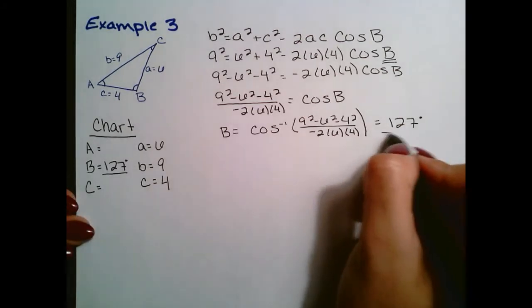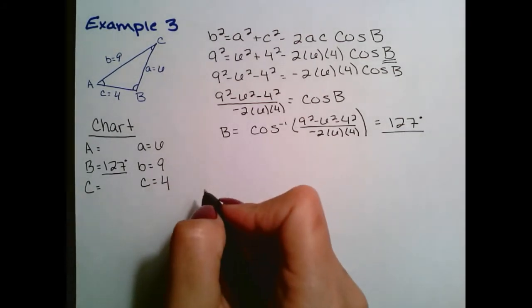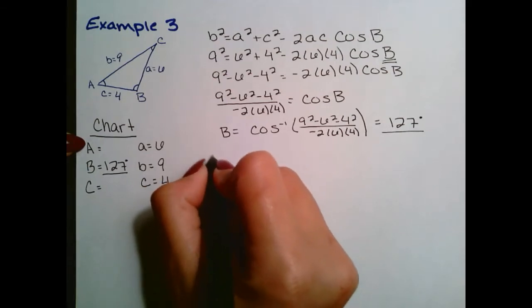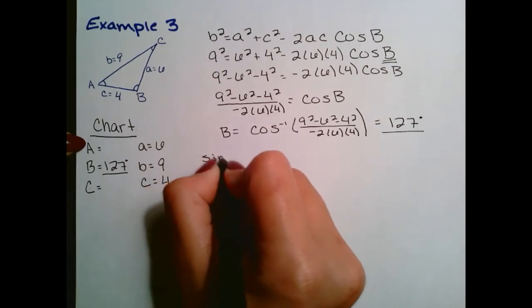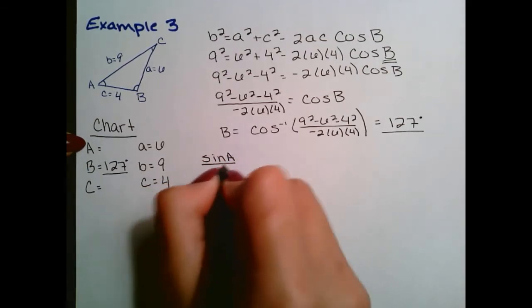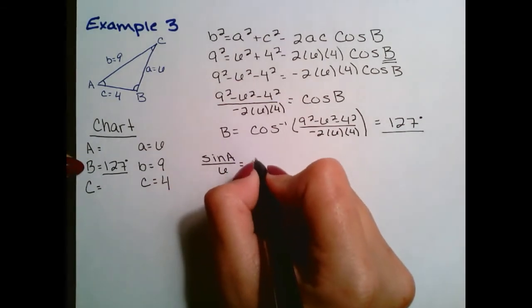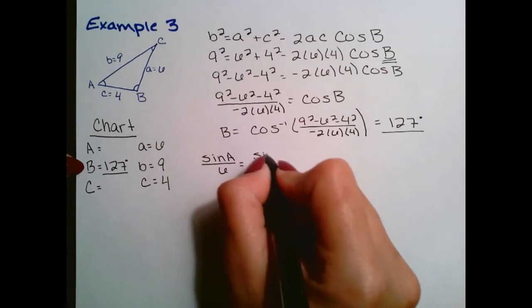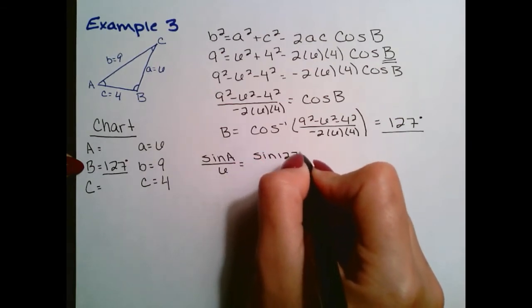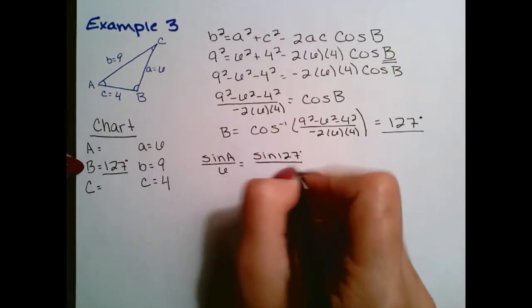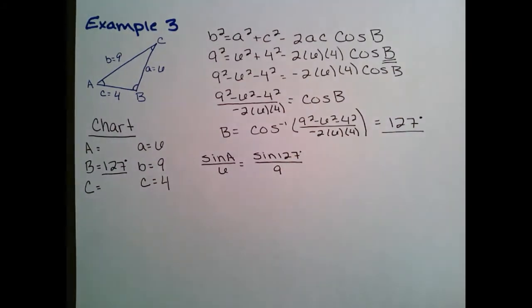Okay? So let's work with A here. I'm looking for an angle, so I'm going to put the angle on top. Sine of A over 6 equals, use the match that I have, sine of 127 over 9.